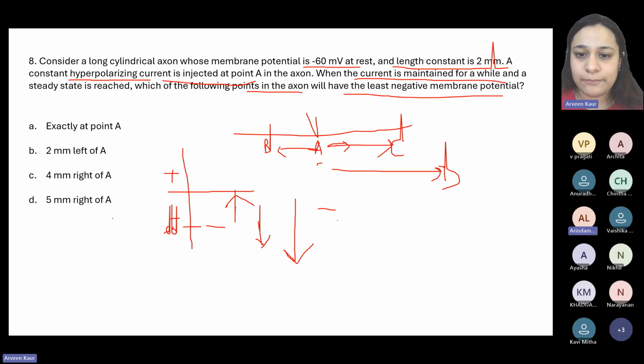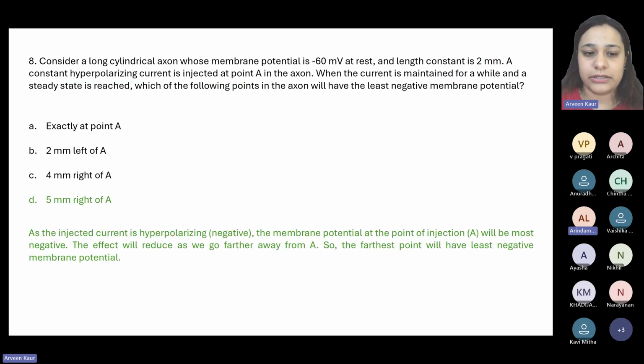If you recall, the current decays with the length constant as we go away from the point of injection. So the farthest point, 5 millimeter, will be the correct answer. Let me show it with the depiction.